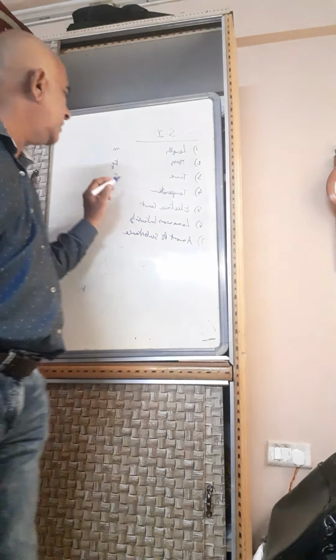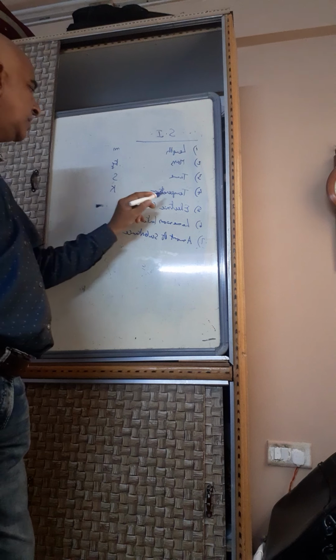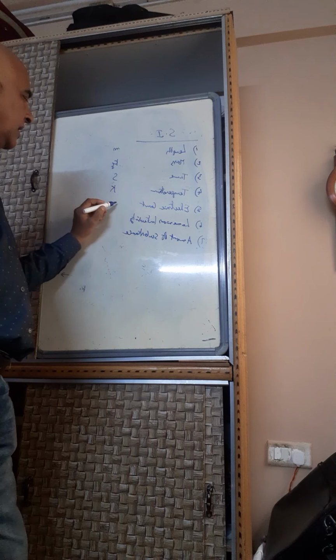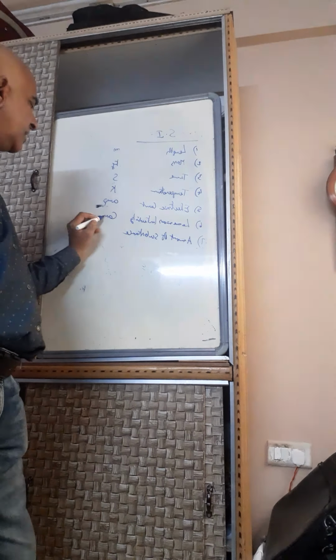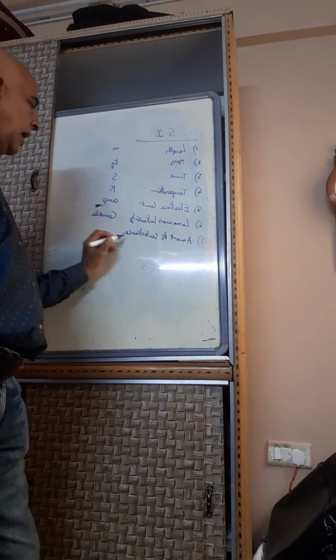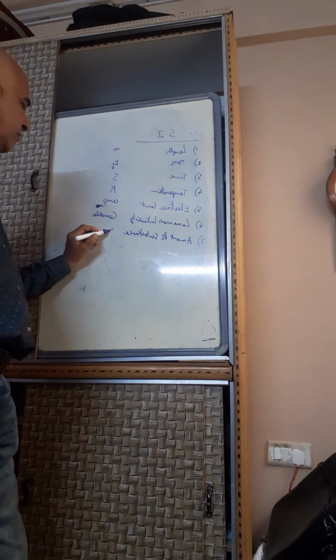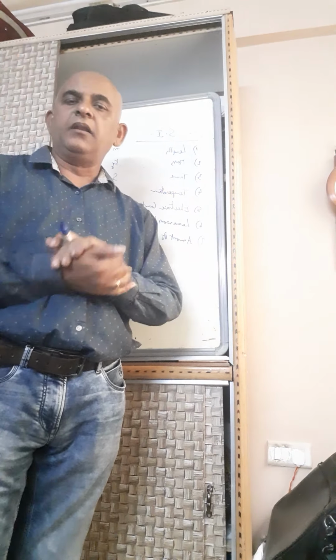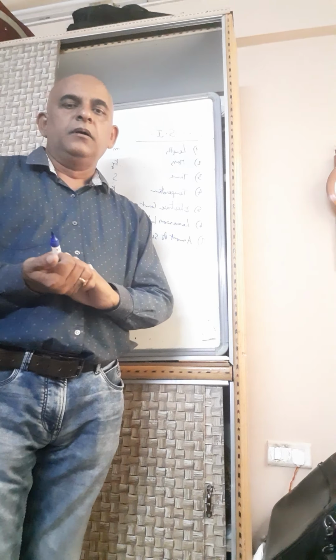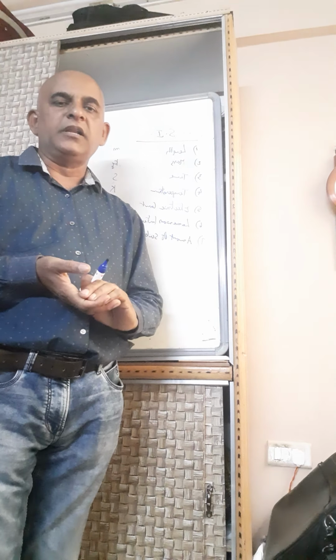In that, Kelvin is the SI unit of temperature. Electric current is measured in ampere, luminous intensity in candela, and amount of substance in mole. They thought these seven are enough. These are the fundamental physical quantities.